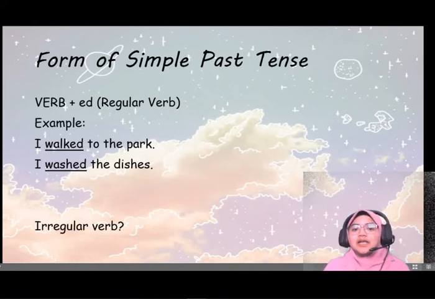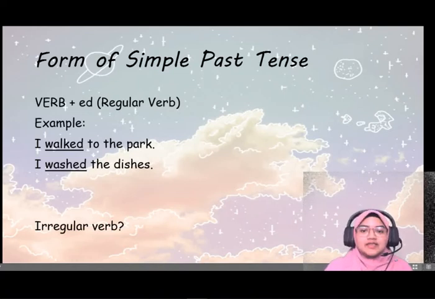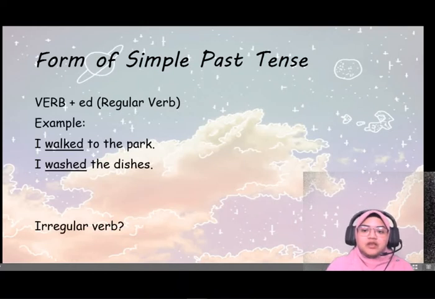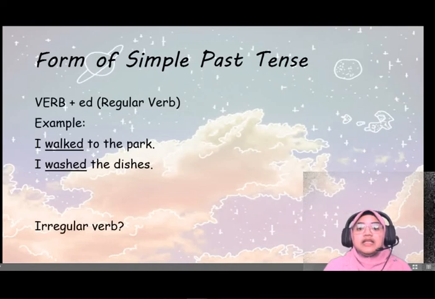Sleep becomes slept. And eat becomes ate. Eat, ate. It does not become eated or sleeped. No, it becomes something else. But for irregular verbs, there's actually a list for you. If you want the list, do tell me, okay?